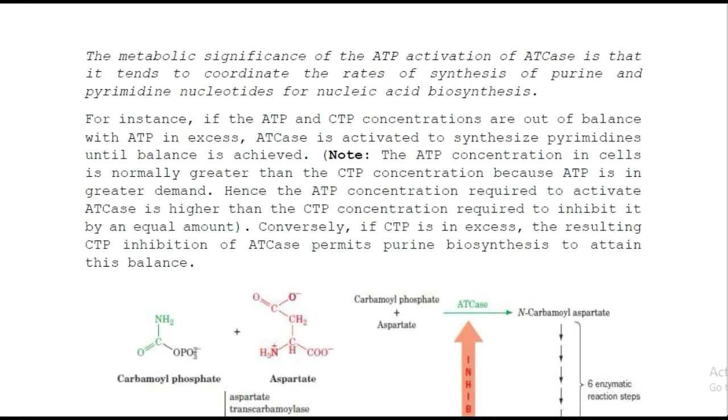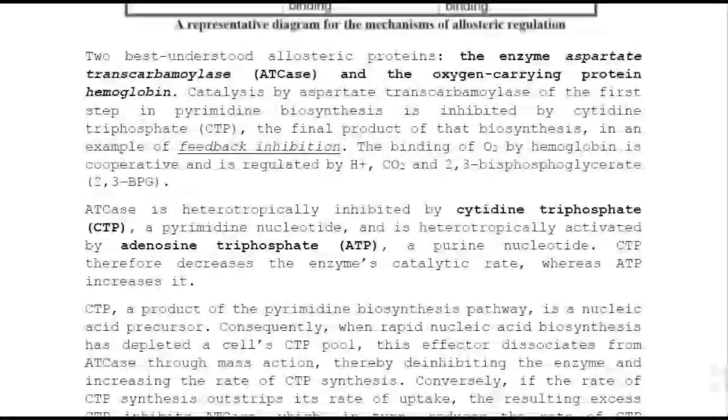So that's how this enzyme is very, very important. Remember, it makes use of allosteric regulation. It can be activated by adenosine triphosphate and inhibited by cytidine triphosphate. So this is very important for the balance of the nucleotide pool in the body.